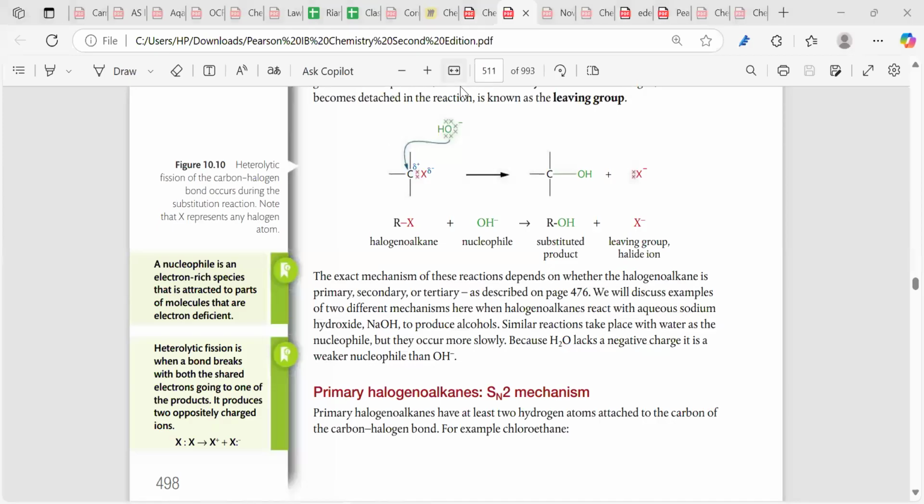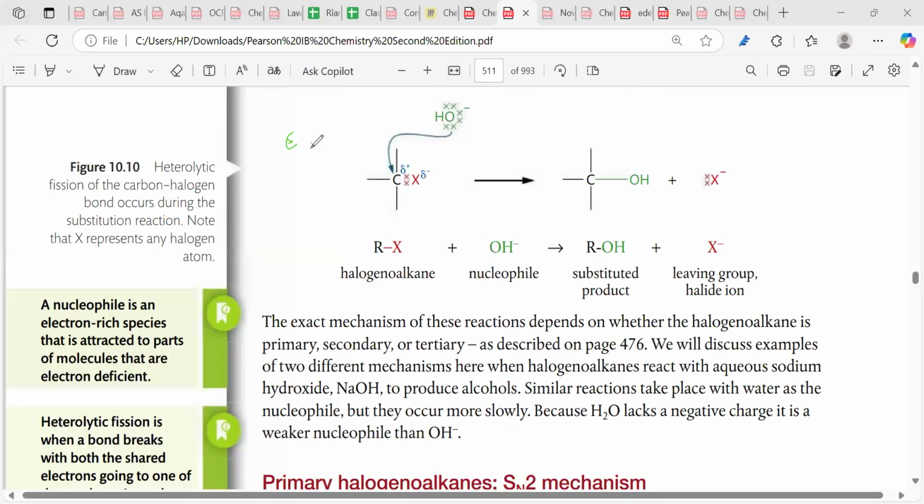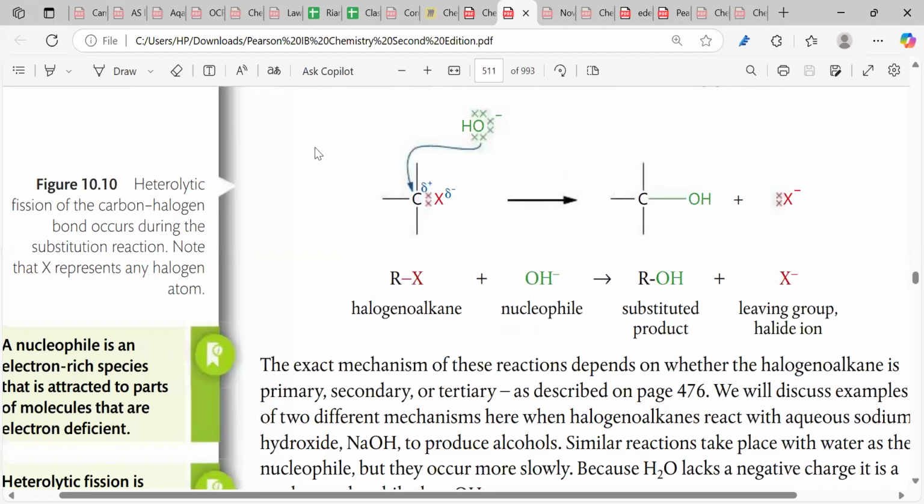About a substitution reaction. A substitution reaction can be an electrophilic substitution reaction or a nucleophilic substitution reaction, right? Now, whenever we are seeing a carbon, we are seeing that carbon and hydrogen, and we are having one halogen over here, suppose X. If you replace the hydrogen with a halogen, that will give you an enormous amount of polar character, right?